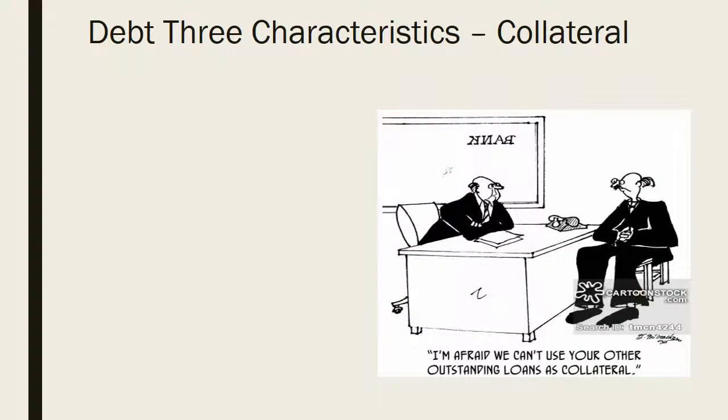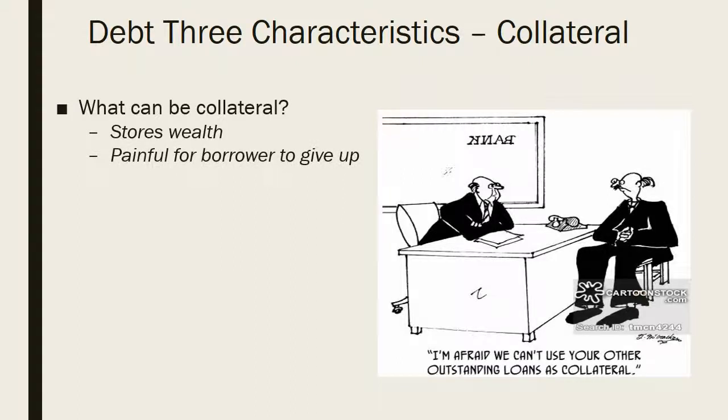Now, a couple more details on collateral specifically, which is the subcategory within capital. As far as what can be collateral, really it could be anything that stores wealth well, can be painful for the borrower to give up, and is easy for resale.